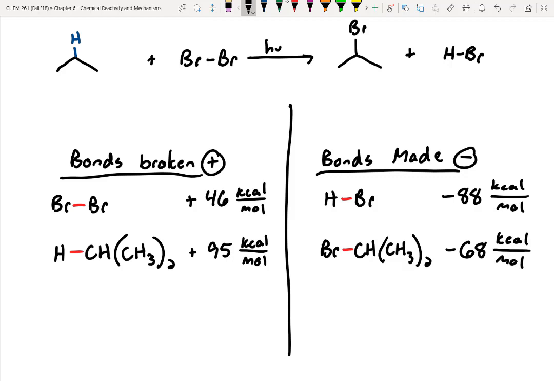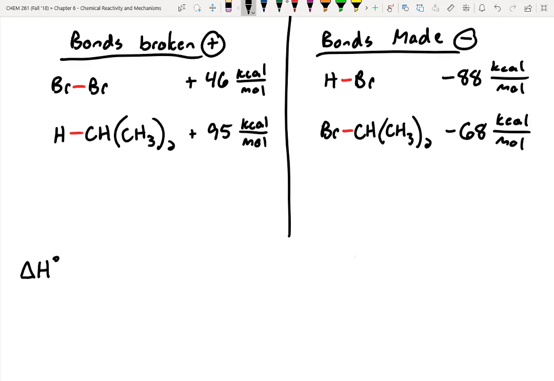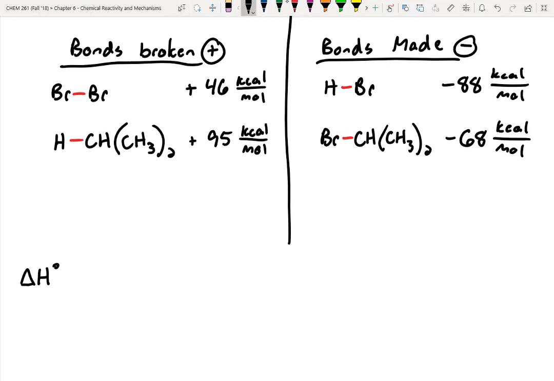All right, so now we've got a comprehensive list of all the bonds made and broken in this reaction along with their bond dissociation energies. Okay, now what we need to do is find delta H naught for the reaction. So the standard enthalpy change for this reaction. The easiest thing to do to find this is to basically add up all of your bonds that were made and broken.